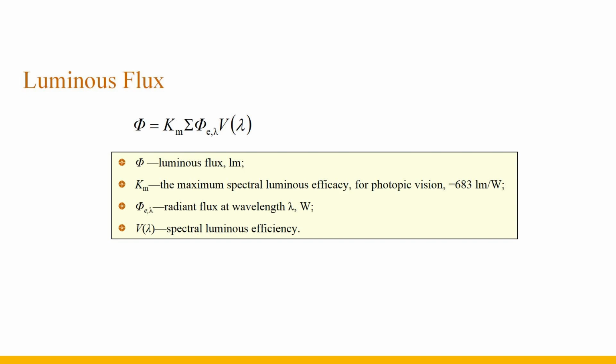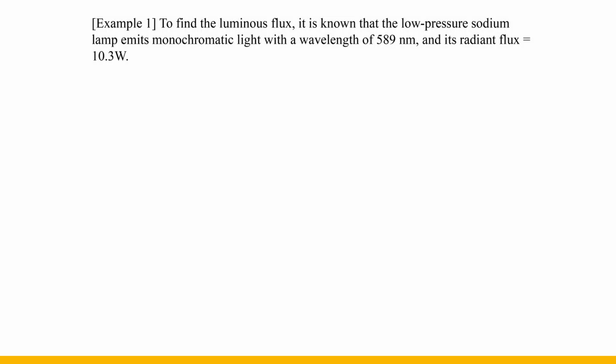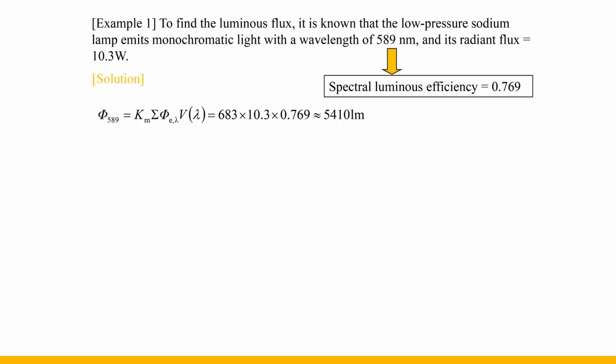Next, let's do two exercises. First, find the luminous flux. It is known that the low-pressure sodium lamp emits monochromatic light with a wavelength of 589 nanometers, and its radiant flux is equal to 10.3 watts. This is a monochromatic light source that can only emit one wavelength, so the radiant flux is 10.3.